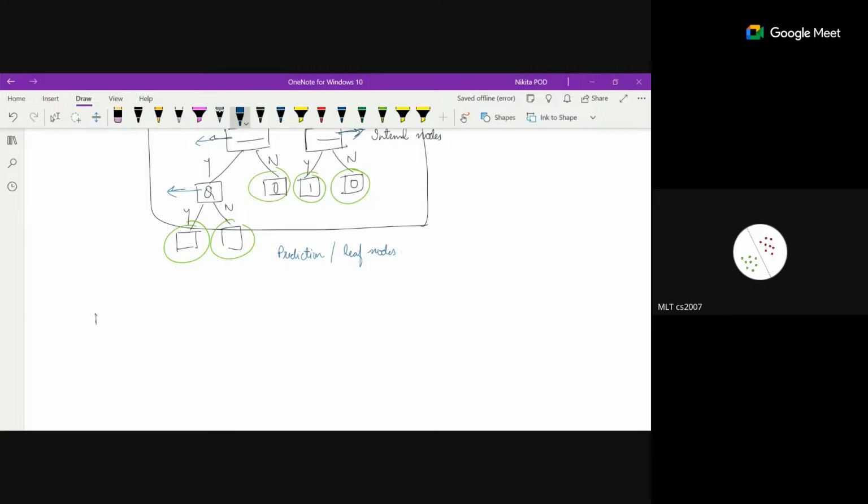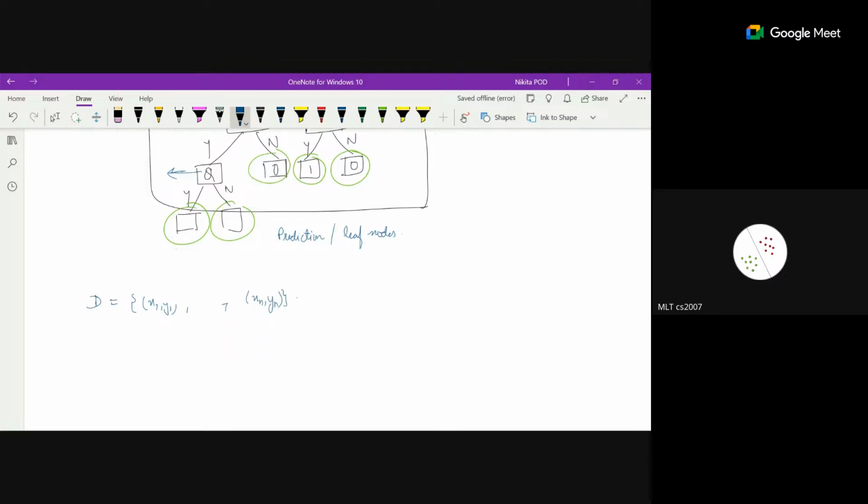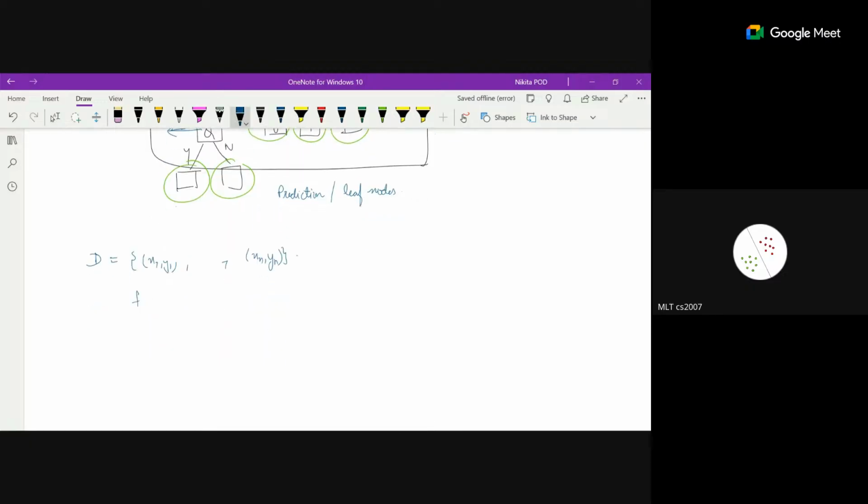Before we talk about how good the question is, at every stage we are asking a question, and you have the data set, x1, y1 until xn, yn. Now you asked a question which is maybe fk is less than or equal to theta. This is a feature value pair. Based on this question, you are going to divide your data set in two parts.